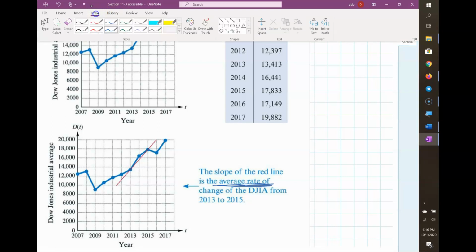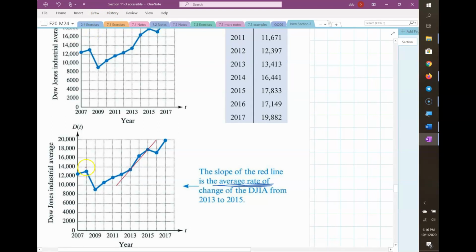So can you see that if I draw it from different years, like from 2008 to 2010, I get a completely different story. So the average rate of change gives us some big picture information, and calculus will let us dive deeper and get more detailed information.